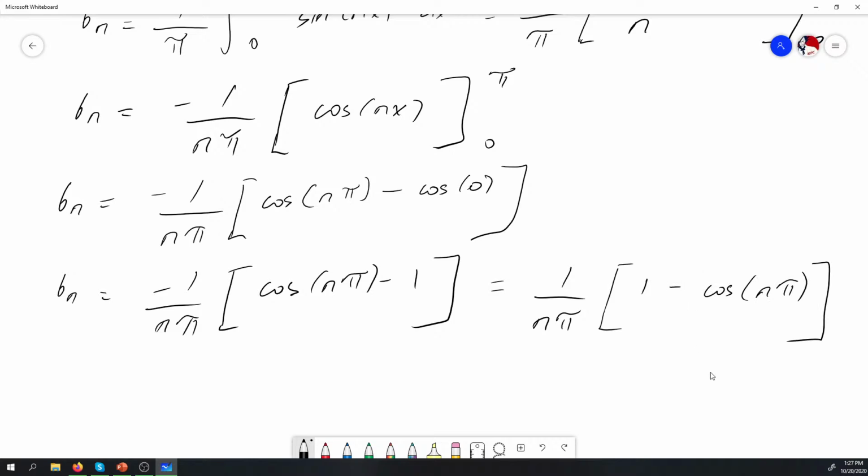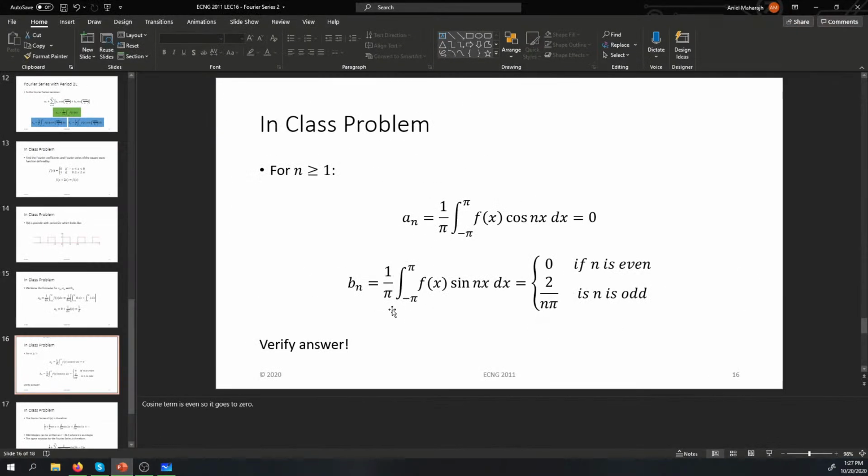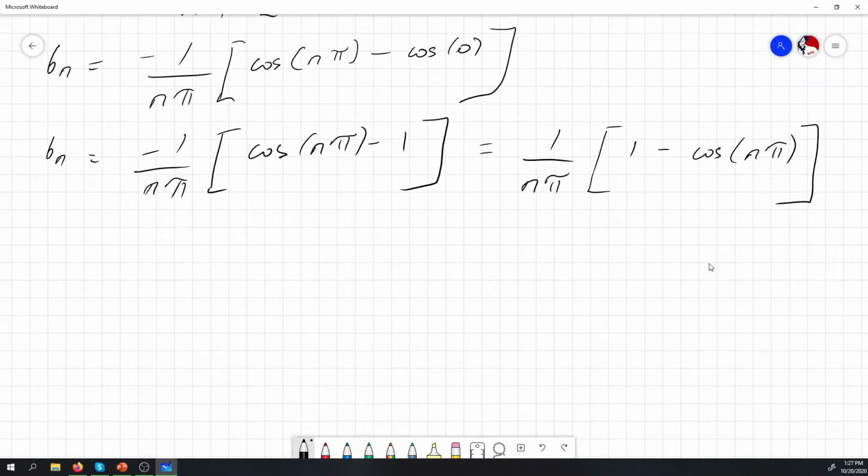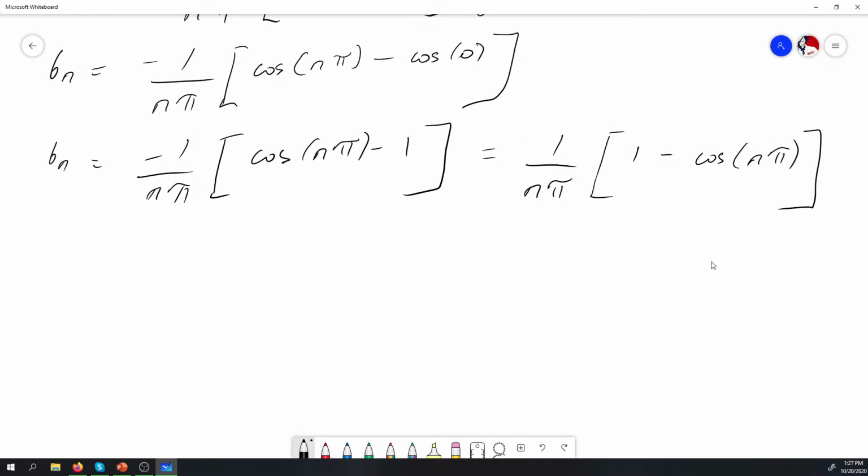We saw on our slides that b of n would be 0 if n was even, and then 2 on n pi if n is odd. So let's evaluate this to see how it resolves. Let's say that n equals 0, because 0 will be treated as even.